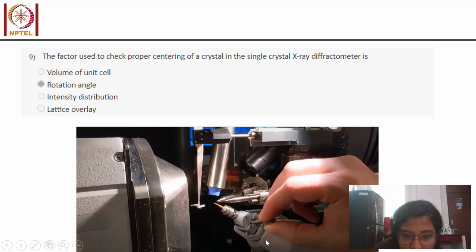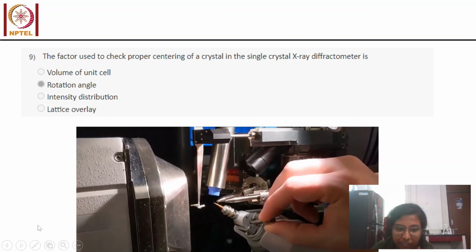So if you can see here, when we are mounting the crystal here, this is actually the beam stop, as you can see. This is the detector, the CCD detector. This is our crystal. The X-ray is coming from here, and the direct beam of the X-ray will directly hit the detector, because the crystal is very small and the X-ray beam has a lot of power in it.